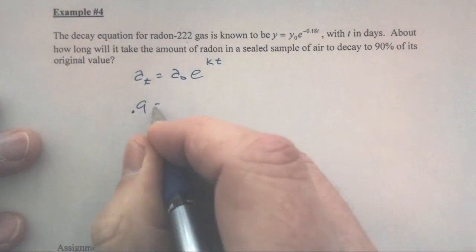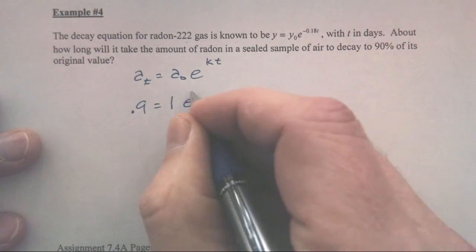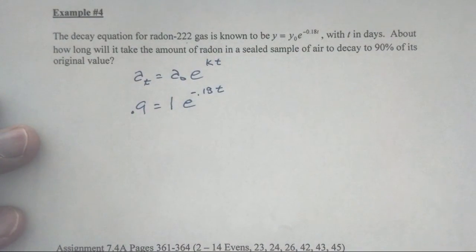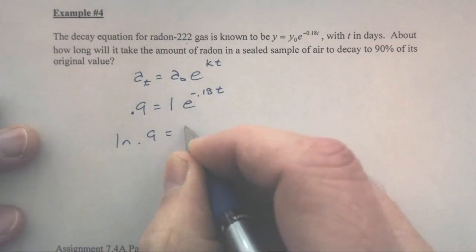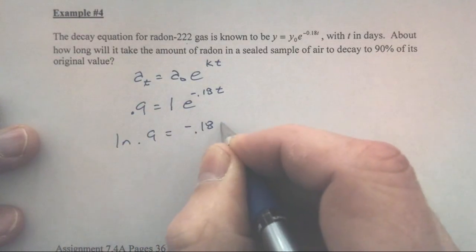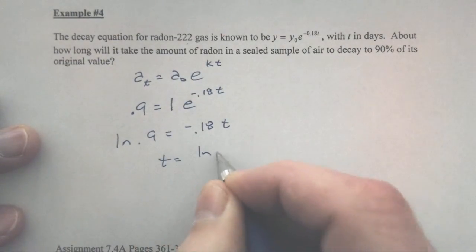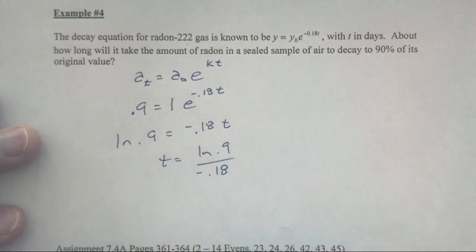That's 90% if I start with 1. And that is e to the negative 0.18 t. Wow, that's pretty easy for a calculus problem considering you've done this stuff before. So if I go ln both sides, ln 0.9 equals negative 0.18 t. So t is ln 0.9 over negative 0.18.